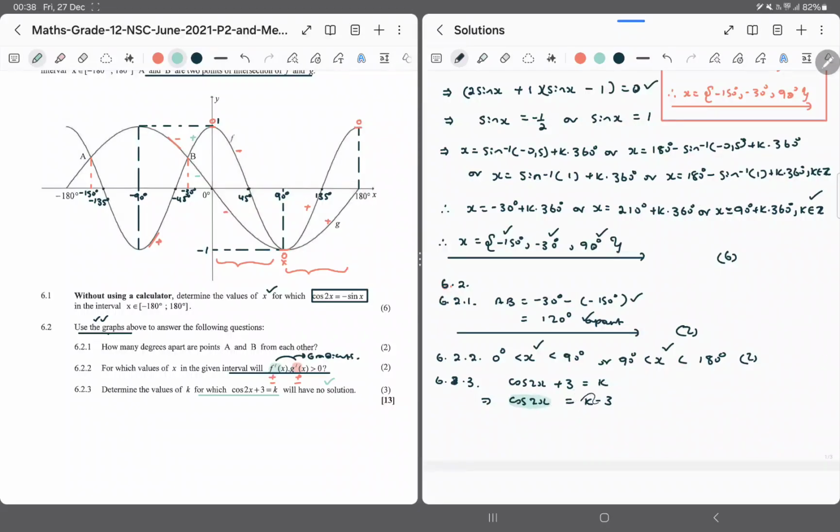Now, if this is not to have solutions, it means this thing must be outside that range, right? So this implies that k minus 3 must be less than minus 1, or k minus 3 must be greater than 1. So where did we get these? This is the minimum value. This is the maximum value. So we're still using the graph. So therefore, k must be less than, when we transpose, it's going to be 2, or k must be greater than 4.